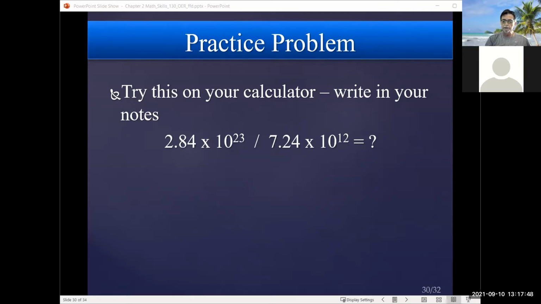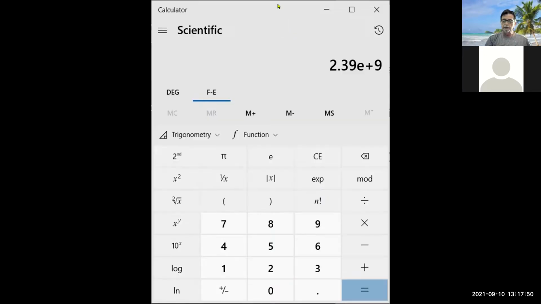Let's take this example here and input it into the calculator. I'm going to take that number, and it is 2.84 times 10 to the 23rd. So we hit exponent 23. Again, that is the format of the Windows calculator.